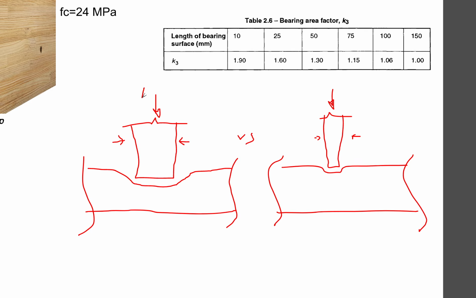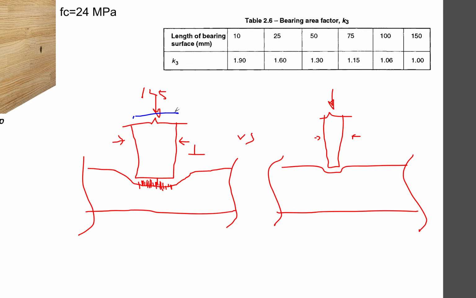For example here, if you have a 125 square timber column that's compression loaded perpendicular to the floor, the timber fiber below the column is not taking a uniform load stress.